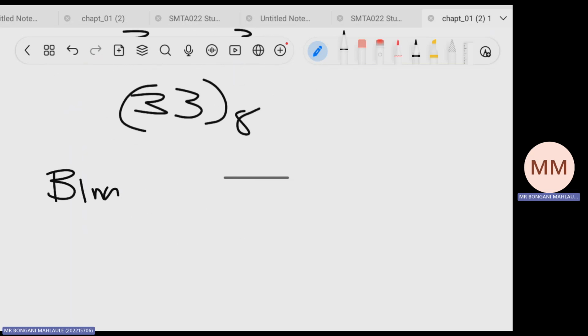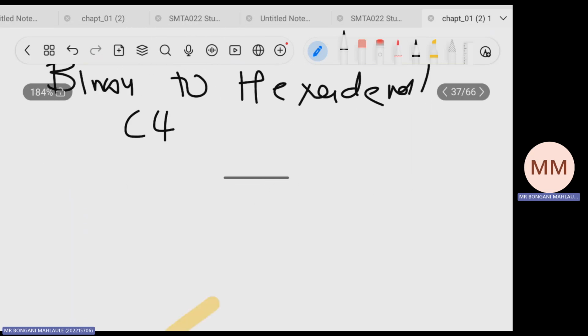And then from binary to hexa. Here you group into 4.